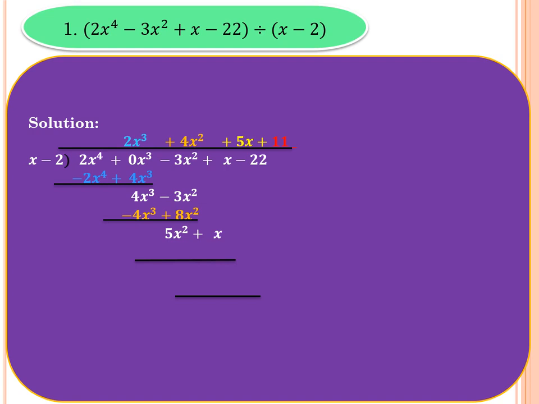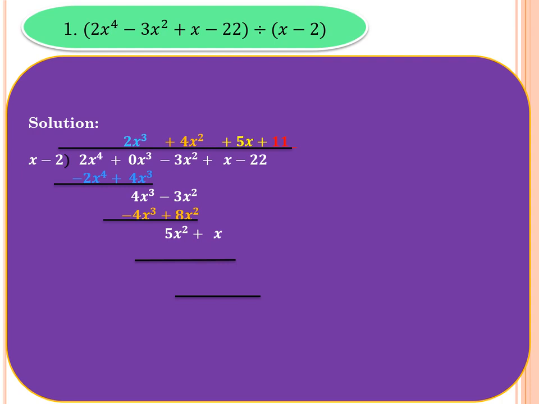Right? So, the 5x that we will get, the one in yellow in our quotient, we multiply again by our divisor. The first term, we multiply. So, we'll have 5x times x, we'll have 5x squared.